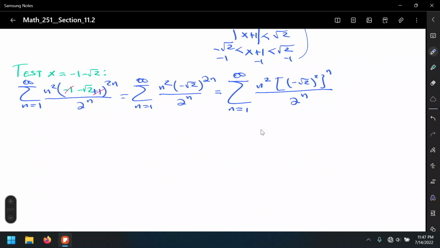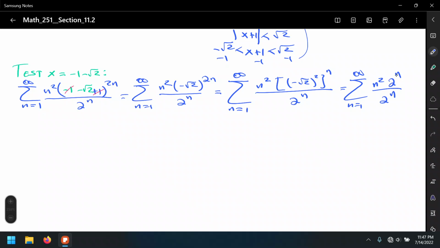And in this case, what's going to happen? On the one hand, this negative will become positive because of the square, and the radical will cancel the square, leaving us with the following: sigma n equals 1 to infinity of n squared, and that's going to leave us with 2 to the n divided by 2 to the n.